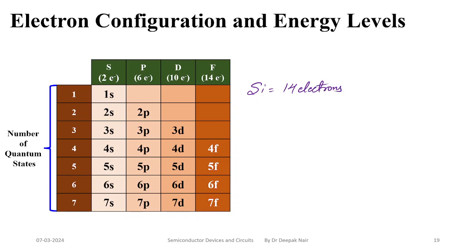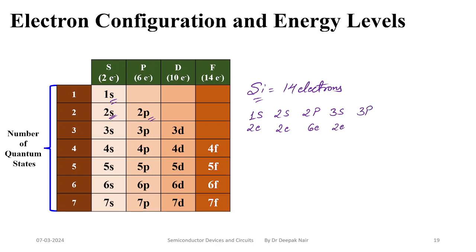And if we associate all the S, P, D and so on with silicon, how can we find how many electrons are provided with which kind of shells? For example, 1s will take 2 electrons, 2s will take 2 more electrons, 2p will take 6 electrons, and then we have 3s with 2 more electrons.